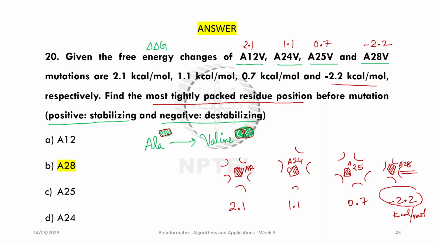Although the value might vary according to what other contributions were there, it gave a negative value for A28V. Is that clear for you, Nagamani? Don't go by the magnitude alone. You should look for the positive or negative value.